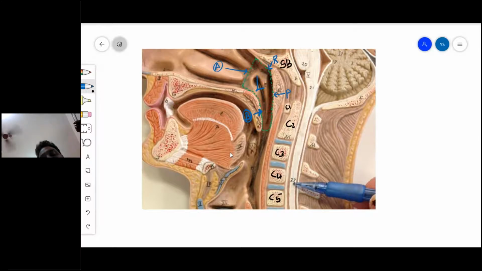And base or below, it communicates with the oropharynx through the pharyngeal isthmus. Anyhow, it is related to the posterior surface of soft palate. In this picture I'll show what the soft palate is. I'm writing SP, look. So below, it is related to the posterior surface of soft palate and communicates with the oropharynx.